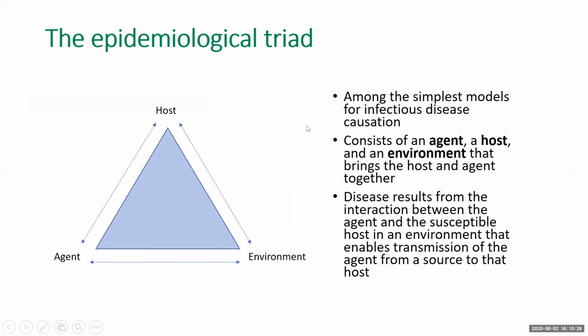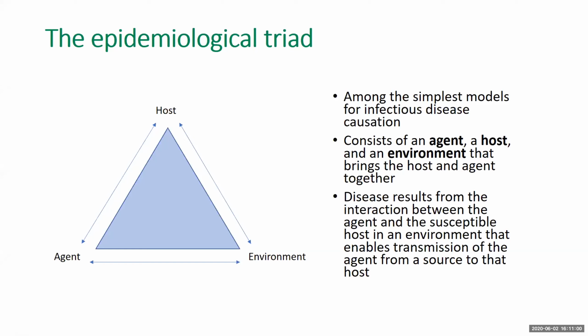Just to go back to basics for a minute and mention the epidemiological triad, which is among the simplest models for infectious disease causation, but also one of the most broadly applicable models. It consists of the three main components of the host, the environment, and the agent. This is probably a concept that most people are familiar with, but it captures at the most fundamental level the key importance of interactions between these things and the role that environmental factors, including ecological changes that we'll explore later, can play in disease emergence and spread.